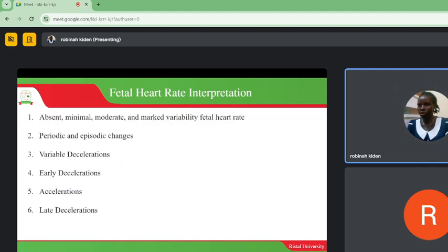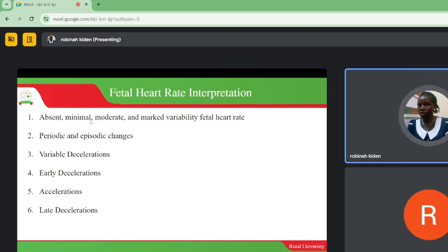Then absent, minimal, moderate, and marked variability of the fetal heart rate have to be considered. Now, when we are taking the fetal heart rate, we need to put into consideration this. Is the heart beating? Is it there? Is it beating? Or it is not there? That is when we determine the absence or the presence.